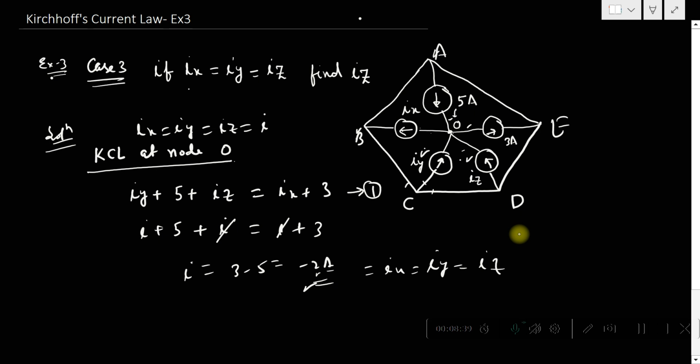Similarly, Iy, instead of entering the node, will exit node O. And similarly for Iz, instead of going away from node D towards node O, it will leave node O and move towards node D. That is the significance of the negative sign in the circuit.